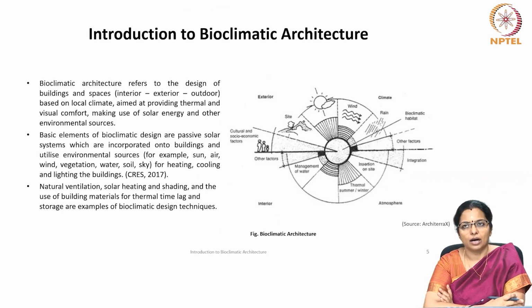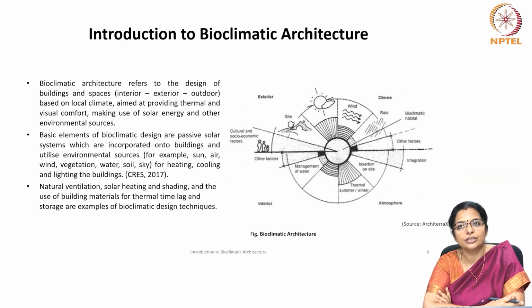So, bioclimatic architecture is combining biology and climate, and it is a design approach that prioritizes creating buildings and spaces that harmonize with the local climate. It is rooted in the understanding that buildings can be designed to work in harmony with nature, leveraging natural elements to create comfortable and efficient living spaces. One of the fundamental principles of bioclimatic design is the strategic use of passive solar systems, which harness the sun's energy for heating, cooling and lighting purposes.